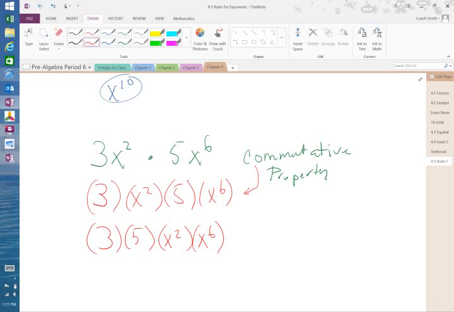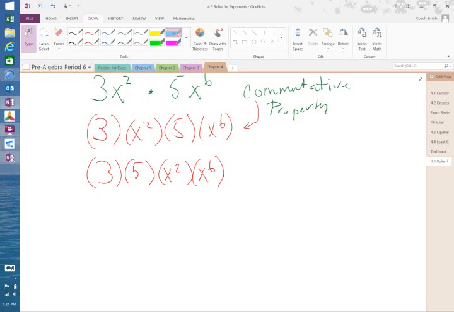We can rearrange the factors in a different order, and it doesn't change the answer. Now, I can put these two together, 3 times 5, which is 15, and I can put these two together. When I put those two together, that gives me x to the 8th power.